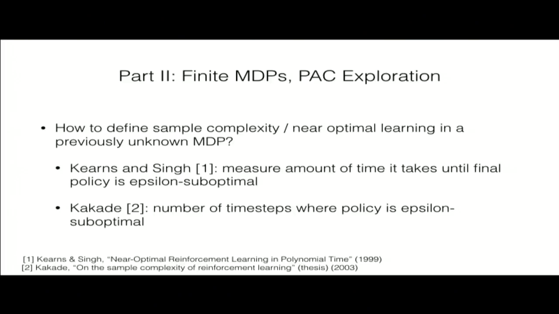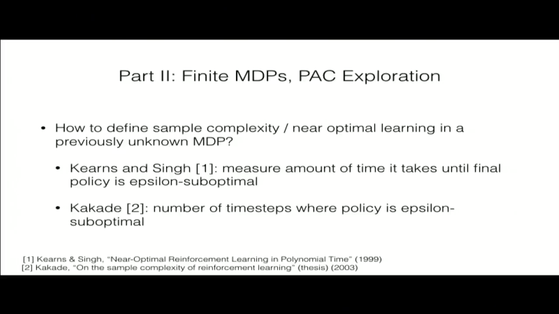So people have come up with different ways of defining this problem more precisely, what it means to be near optimal in a finite amount of time, or to quantify the sample complexity of an algorithm. One version of this was proposed by Kearns and Singh, where they look at how many time steps it takes until your policy is epsilon suboptimal, meaning the expected return of your policy is within epsilon of the optimal policy with some high probability, 1 minus delta.